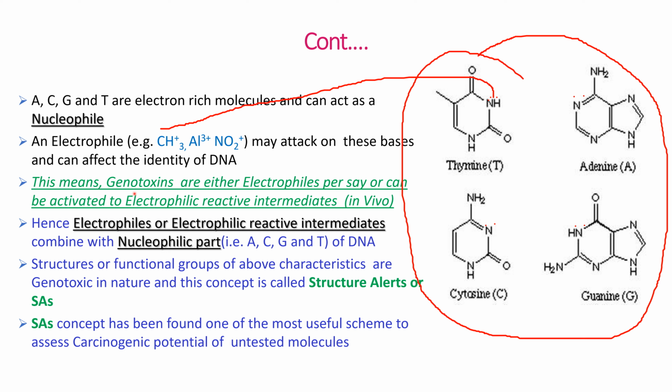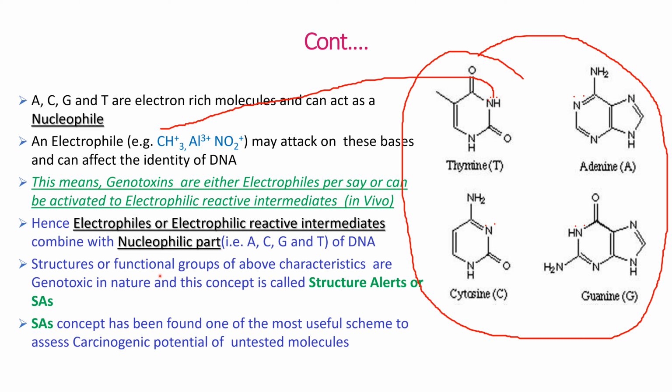This means genotoxins are either electrophiles per se or are activated to electrophilic reactive intermediates in vivo. Hence, electrophiles or electrophilic reactive intermediates can make a bond with the nucleophilic part of DNA and can damage DNA.